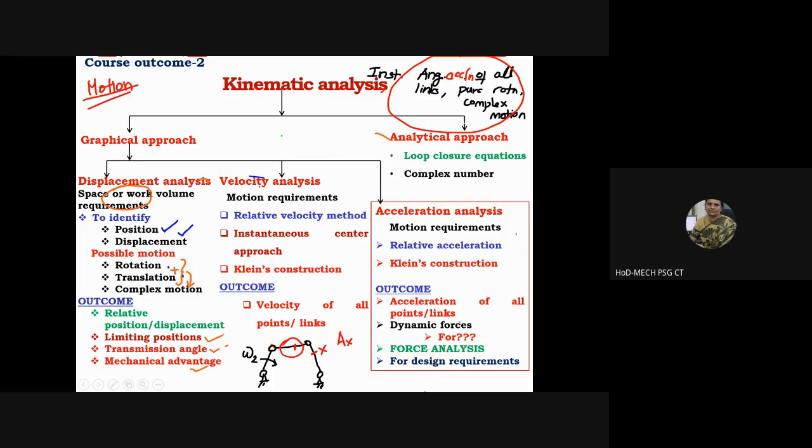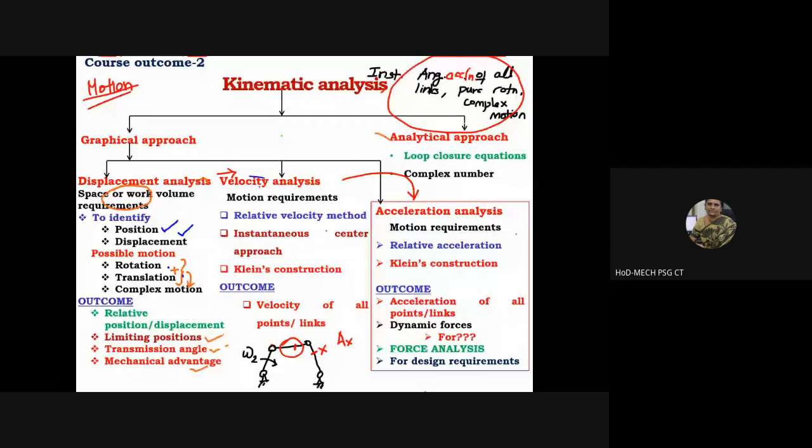Now, the results of position analysis will form the input for velocity analysis, and the results of velocity analysis will form the input for acceleration analysis. What I mean to say is, in order to complete an acceleration analysis, the mechanism should have been synthesized already, or it could also be a mechanism which is already in use in some company or industry.